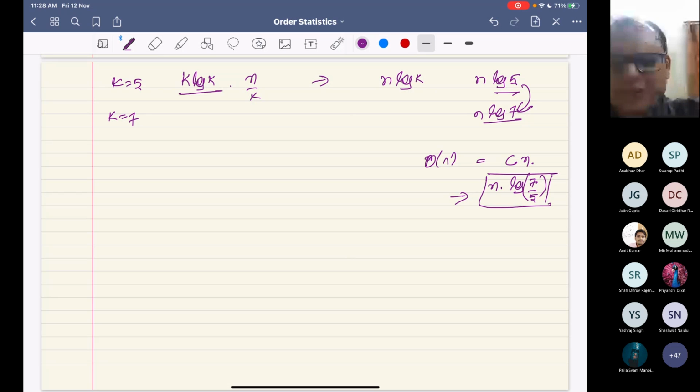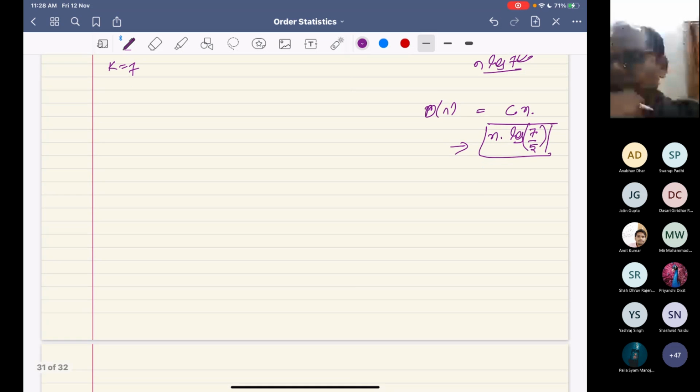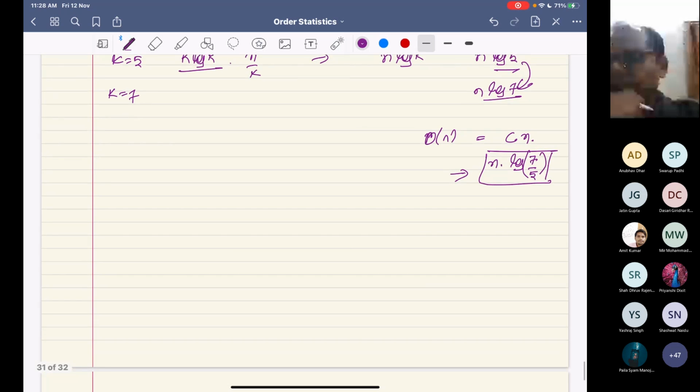Then you go from 5 to 7, so the amount by which this increases is the issue. The time in which you can find the median of 5 and of 7 are not the same. You will take more time finding the median for 7 elements, and that is what kills. So that is why you cannot go for larger groups.